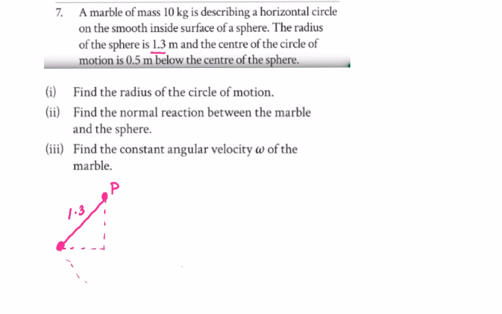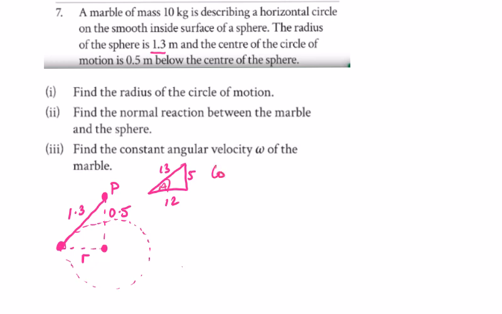My circular motion is in this direction, and we're told the radius here and the center is 0.5 meters below the center, 0.5. So this is my 13, 5, 12 triangle.